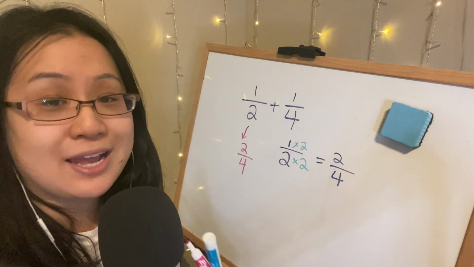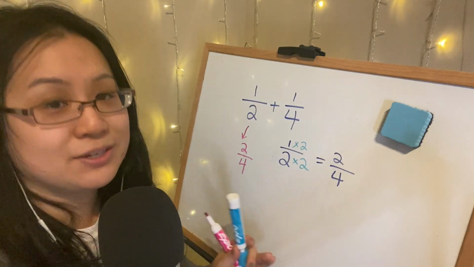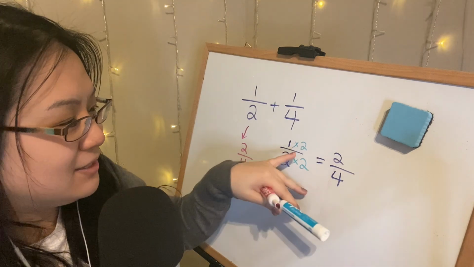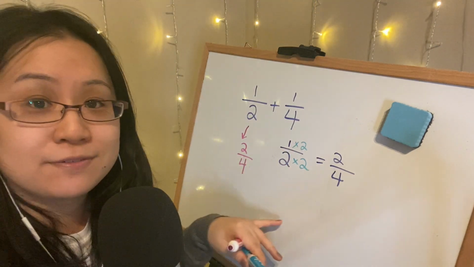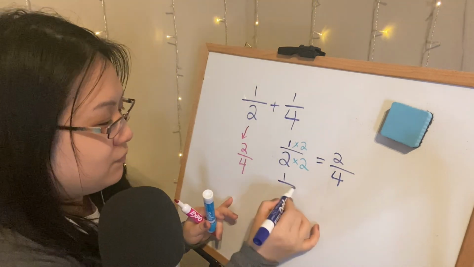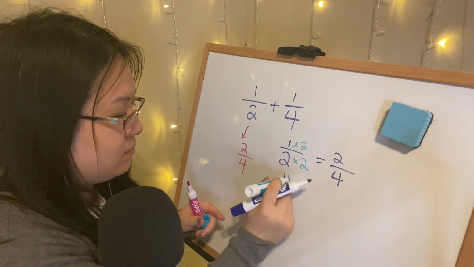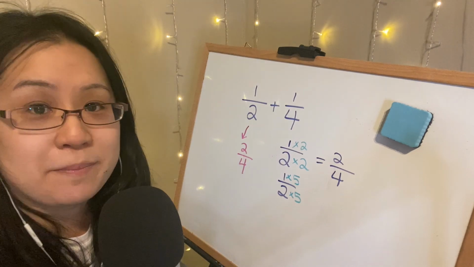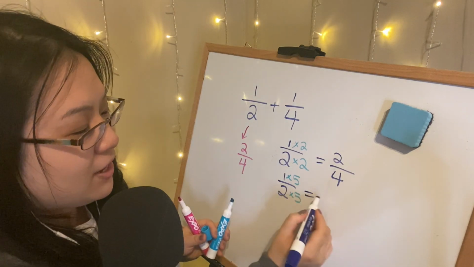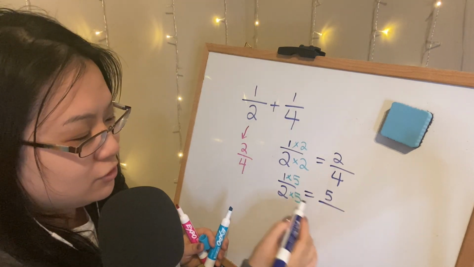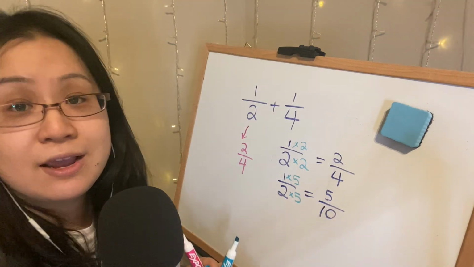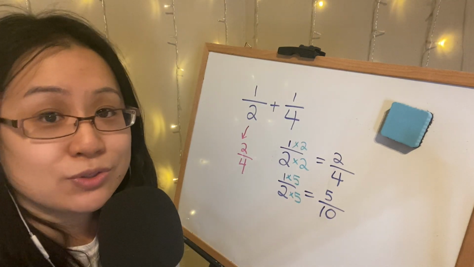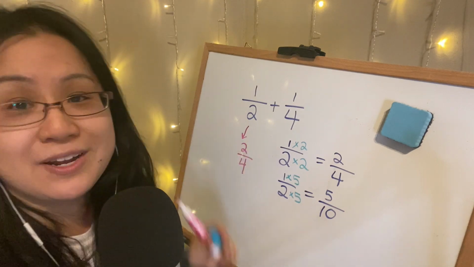I can multiply any number I want besides 0 to get an equivalent fraction. So I could multiply by 5. 1 times 5 is 5 over 2 times 5 is 10. 5/10 is also equivalent to 1/2.